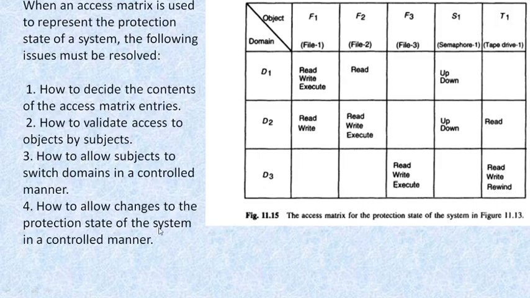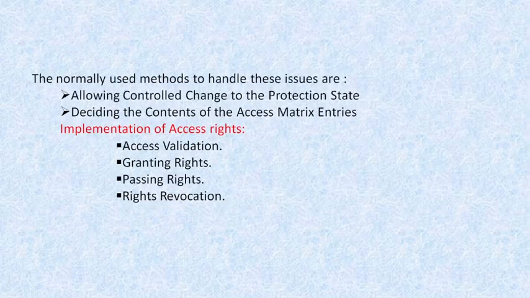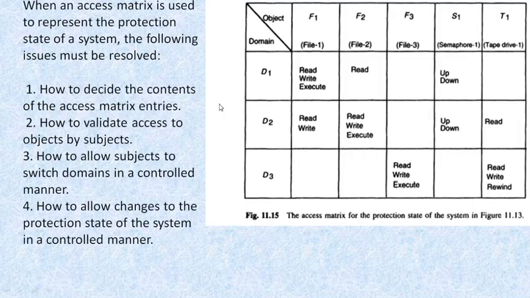And how to allow changes to the protection state of the system. These are some of the issues that need to be dealt with. Normally, these issues will be solved by using these two methods: allowing controlled change to the protection state and deciding the contents of access matrix entries. So by using these two methods, we can handle these issues.